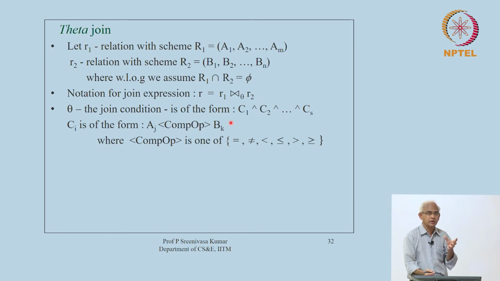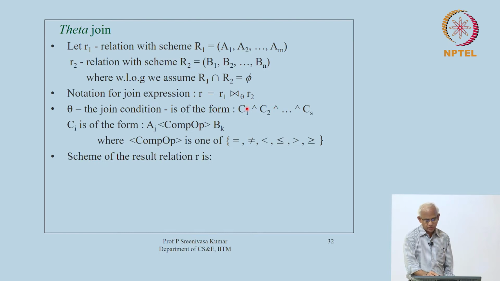So, in the join conditions, the form will be like we take an attribute from the left side relation and an attribute from the right hand side relation, and then we do a comparison. The comparison is one of these 6 possible comparison operators. So, we make comparisons and then we can do conjunction, and this is the general form of the theta condition.